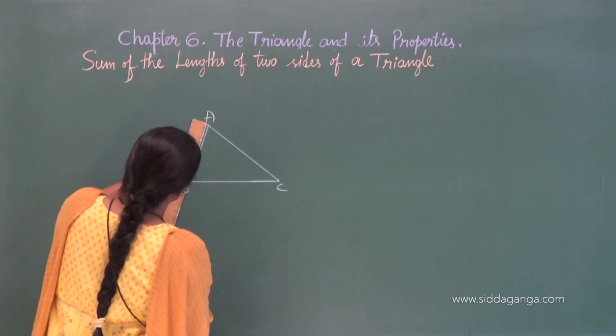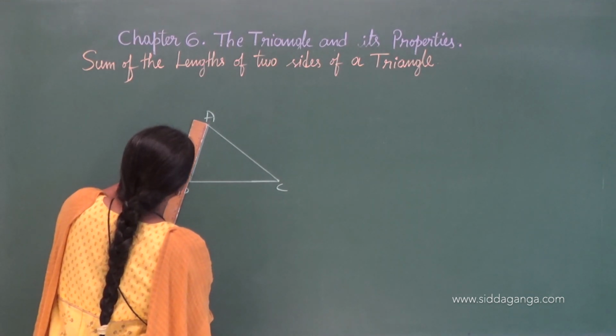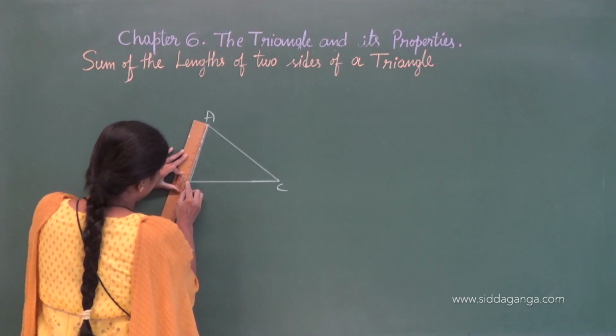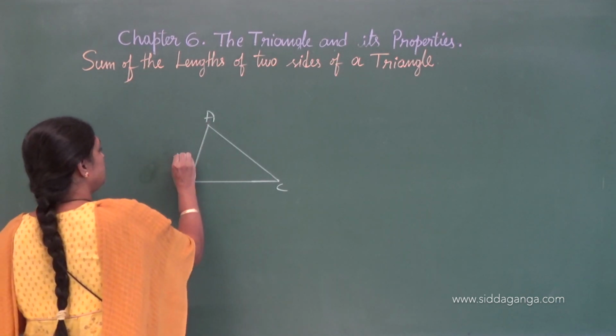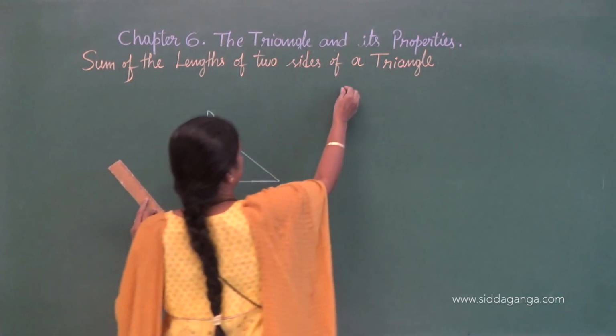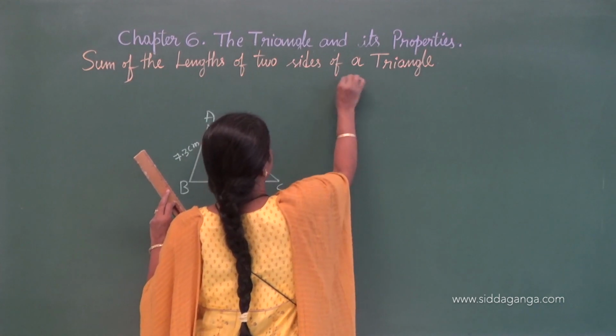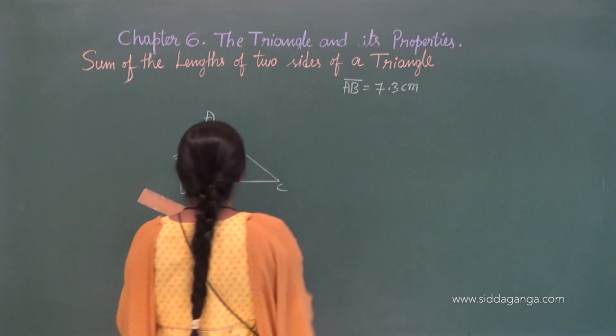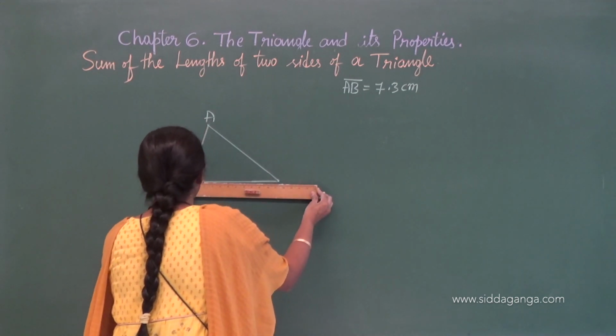Keeping like this. So I found the length of AB is 7.3 centimeter. I write here the length of AB is 7.3 centimeter. I take the length of BC here.